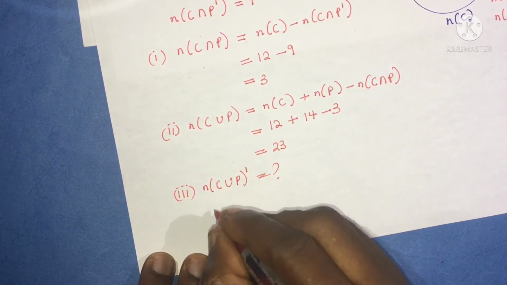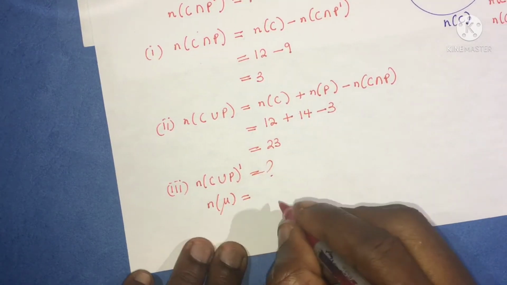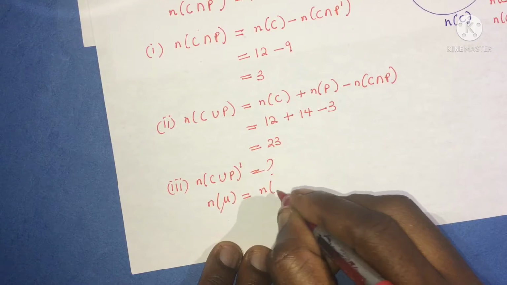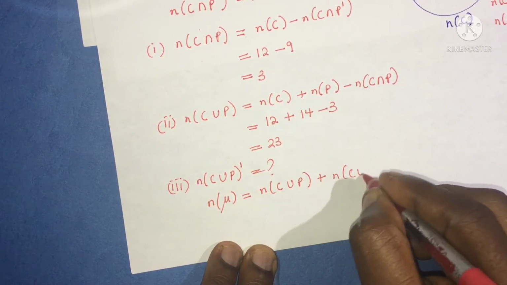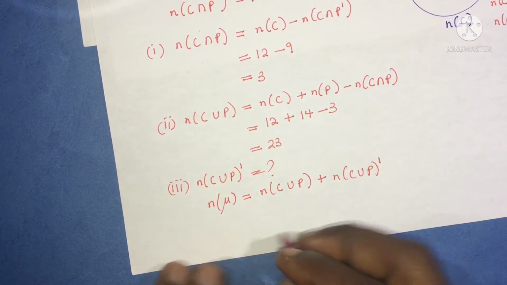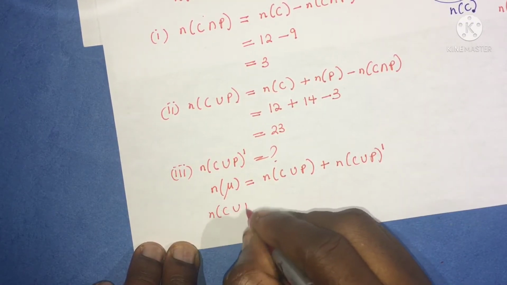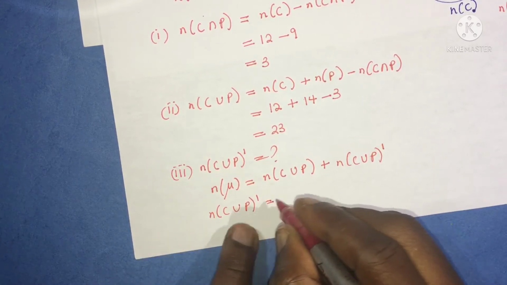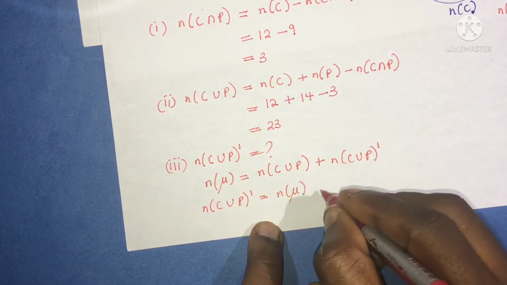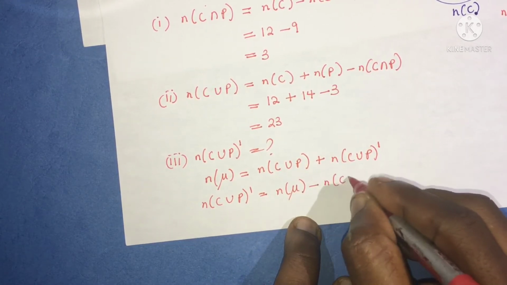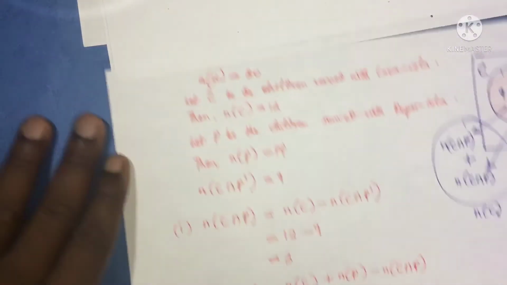Now remember that the universal set is made up of two portions: N of C union P and N of C union P all complement. Now what we want is N of C union P complement, and that will be, when made the subject of the formula, N of mu minus N of C union P. Now what were we told about N mu?